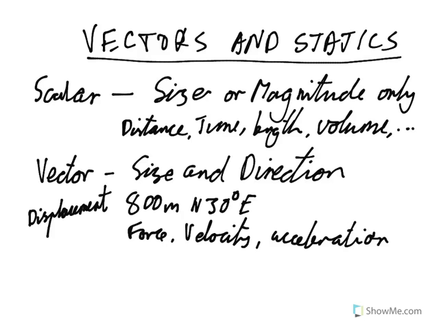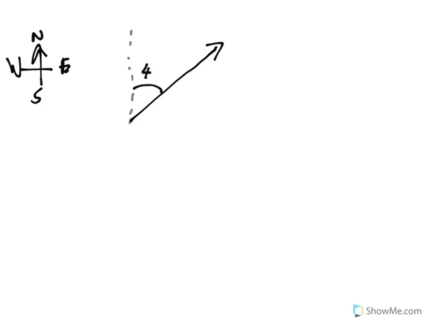Examples of things that commonly aren't thought of as vectors. Alright, so how do we represent a vector? Say for example we've got north, south, east, west, and I've got this pointing across here, and that's 45 degrees, and this has a length of say 100 metres.